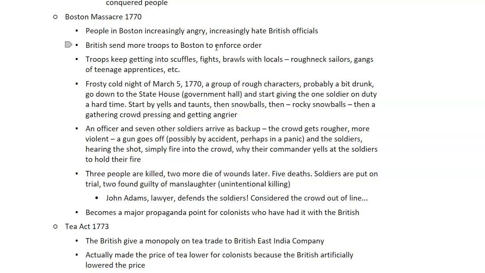2 of them are actually found guilty of manslaughter. Manslaughter is not murder. Murder is an intentional killing. Manslaughter is when you do something not intending to kill anybody, but you wind up causing somebody's death. The lawyer who defended the soldiers was John Adams, the revolutionary.